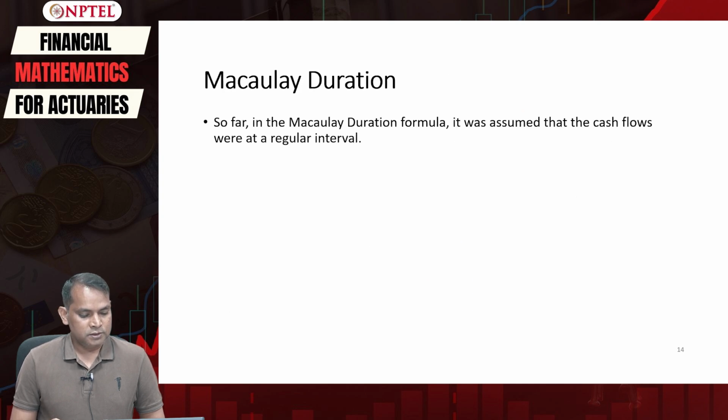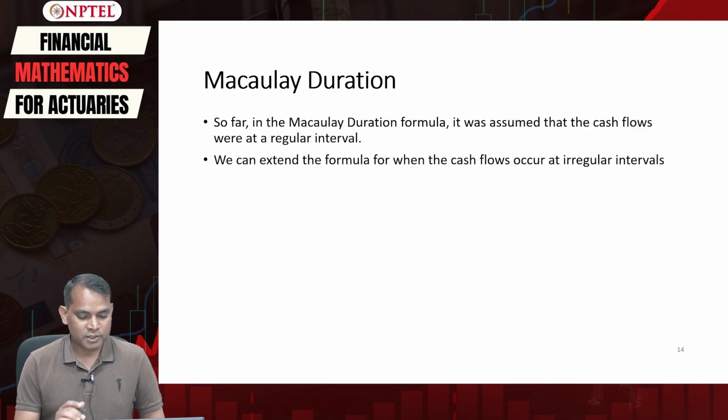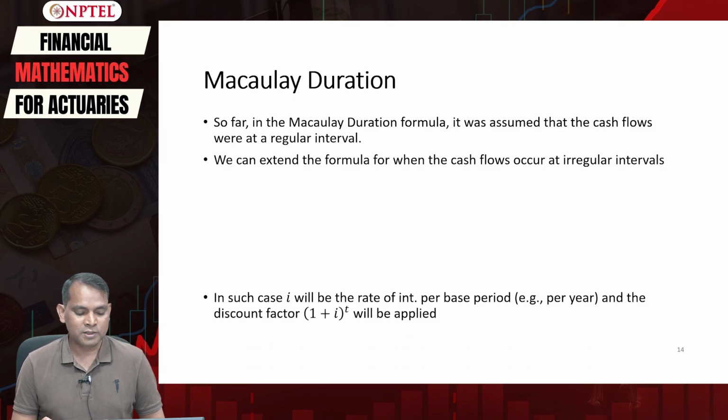Okay, so far in the Macaulay duration formula, it was assumed that the cash flows were at regular intervals. Now, what if the cash flow is not at regular intervals, or is actually irregular? Then the formula will be modified. So we can extend the formula for when the cash flow occurs at irregular intervals.